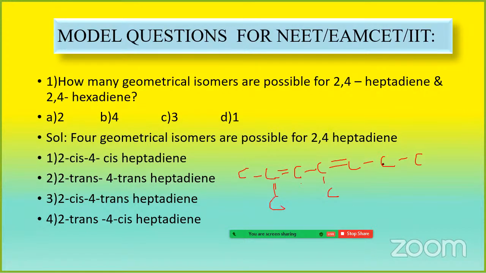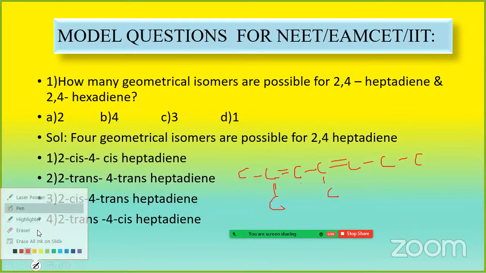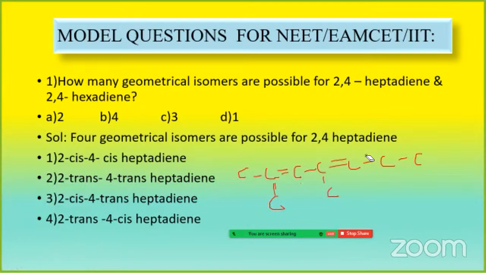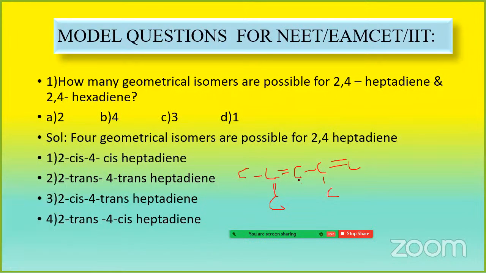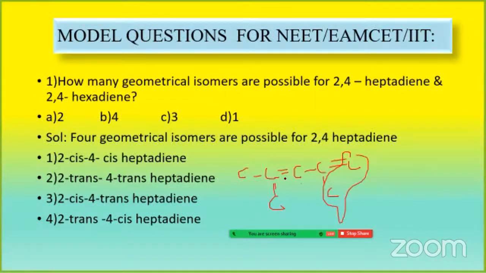Now, total how many carbons are there? See here, 5 plus 2, how many? 7. Now, first, if the same similar groups are present on either side of the double bond, see here, the same 2 methyl groups are present.